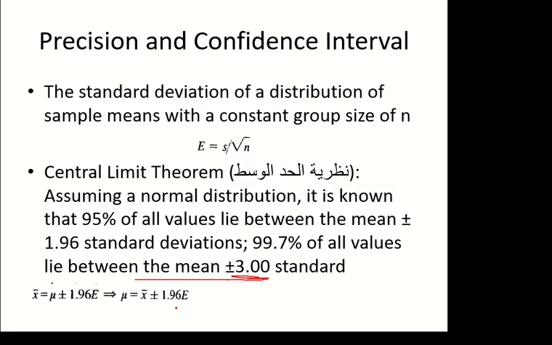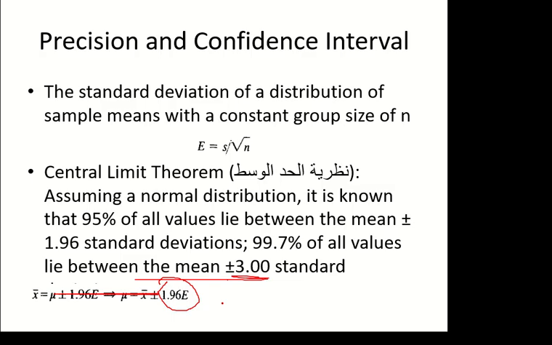That is the mean. When I choose 95%, I am accepting a difference of 1.96 E from the mean. So this whole thing, not only the E, the whole 1.96 E, becomes the acceptable error. The difference from the mean I am willing to accept.